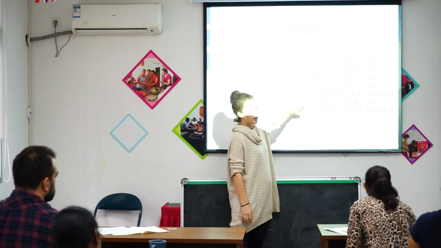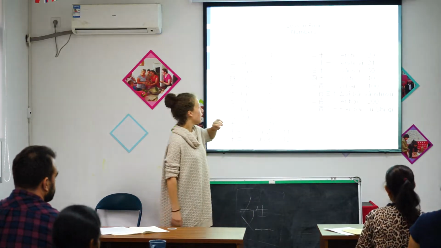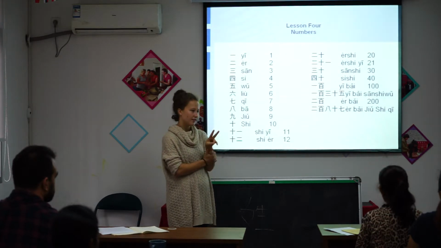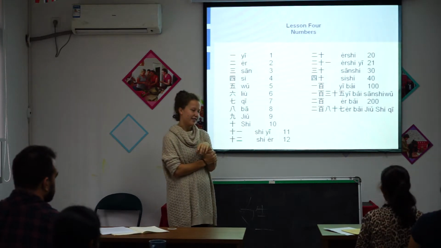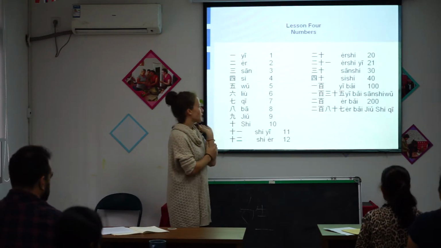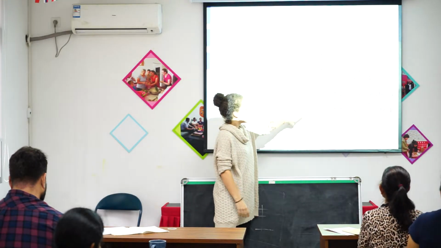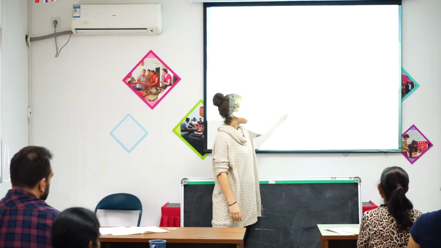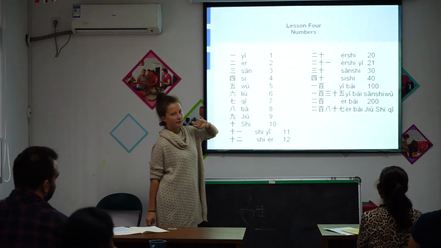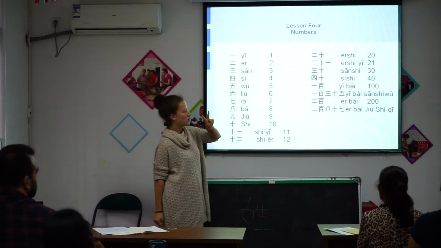So 200 is er bai or liang bai. 200 is possible, because there are actually two ways to say two in Chinese. One is 二, the other is 两. There are different ways of using 二 and 两, so we are not going to talk about it. Better you tell me how much is 287? How much is it? 297.